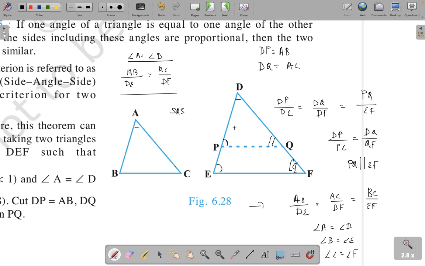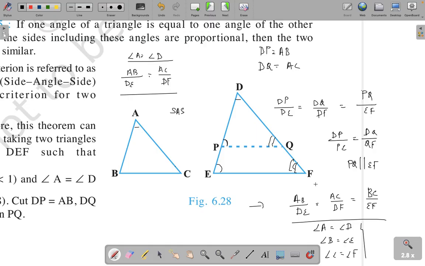So once this is given, you can prove that all sides are proportional and all angles are equal, which is the criteria to prove that two triangles are similar. The main criteria is that both should be there, proportionality of sides and equal angles. But even if only one is there, we can prove the other.